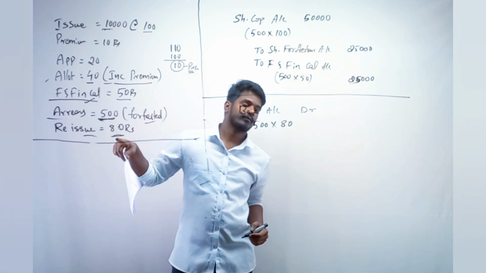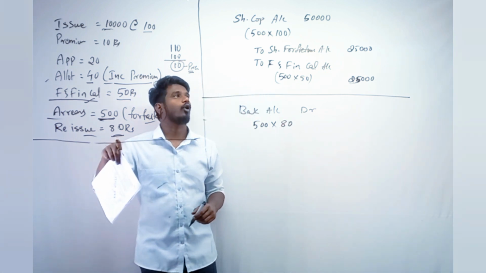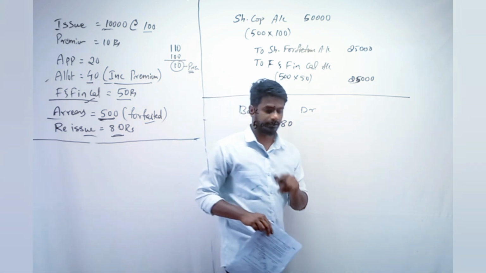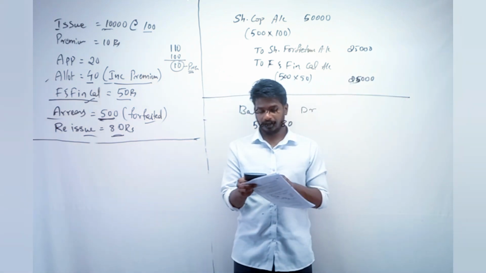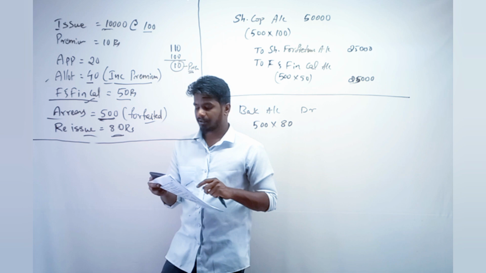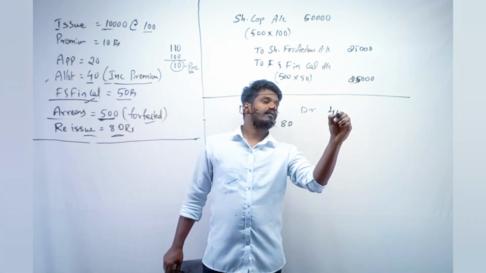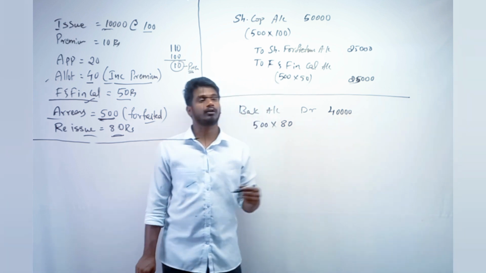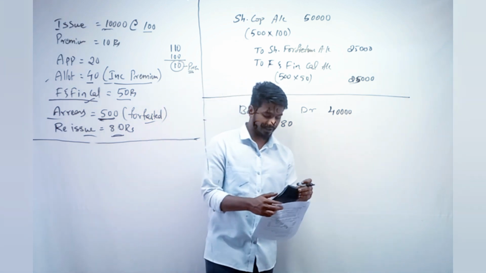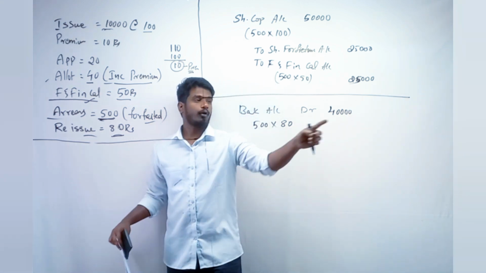For 80. It will be 500 into 80. It is 40,000. Correct me if I'm wrong. So we are receiving 40,000 on reissue.